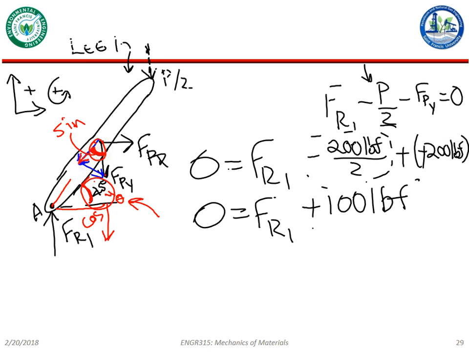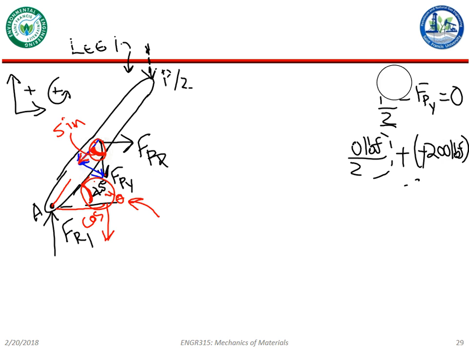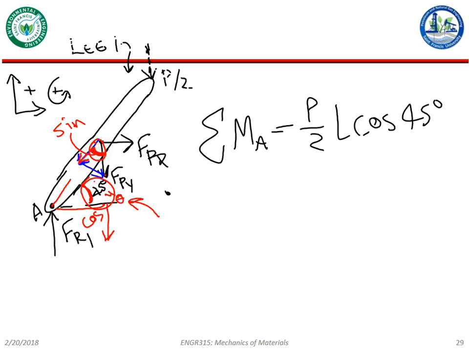Let's have a look. So if we do some moments about A again, P over 2, it comes down to here, L times, it's negative, as FPY, L over 2 cosine 45 degrees, that equals 0.